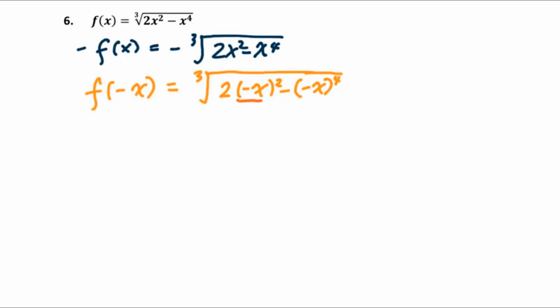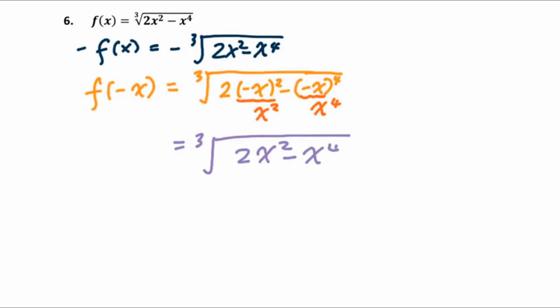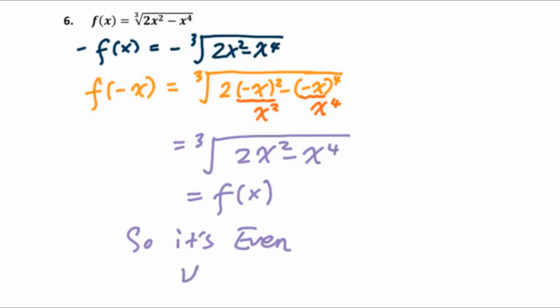Then we work out this: negative x squared is x squared, and negative x to the fourth power is x to the fourth power. Therefore, we got the cubic root of 2x squared minus x to the fourth power. That equals the original function. Therefore, it is an even function, and the graph is reflected across the y-axis.